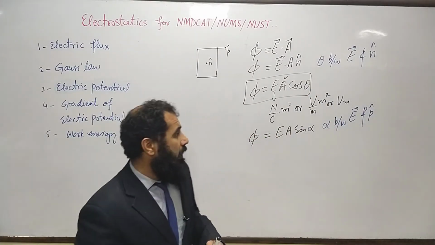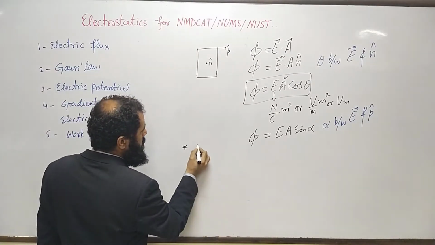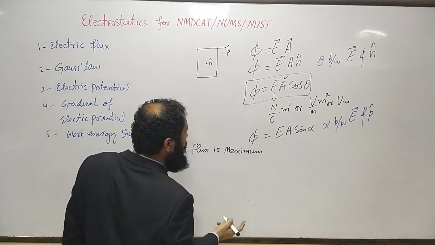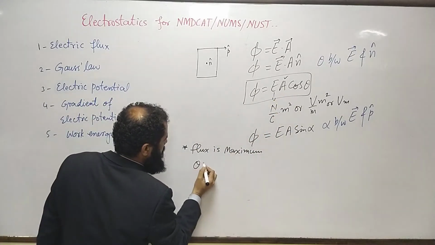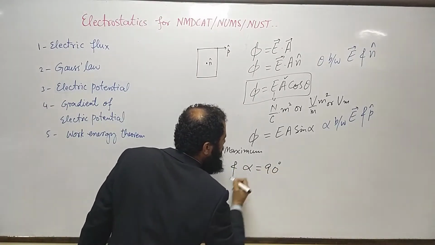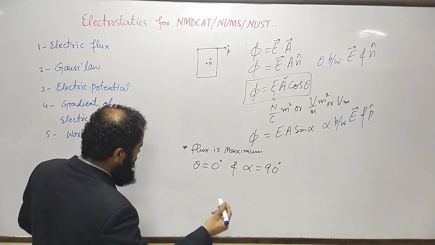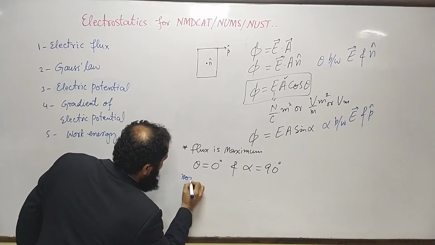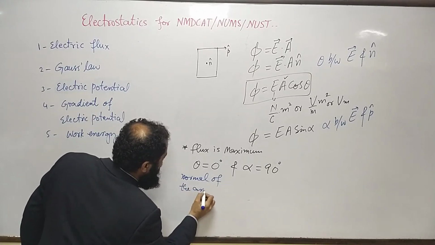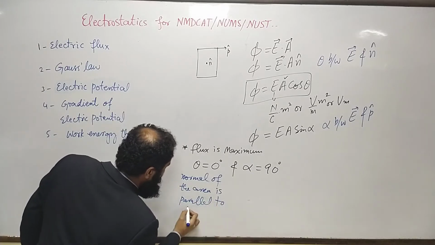So this way we can express the electric flux mathematically, and flux is maximum when theta is 0 and alpha is 90 degrees. So flux is maximum when the normal of the area is parallel to the field lines.